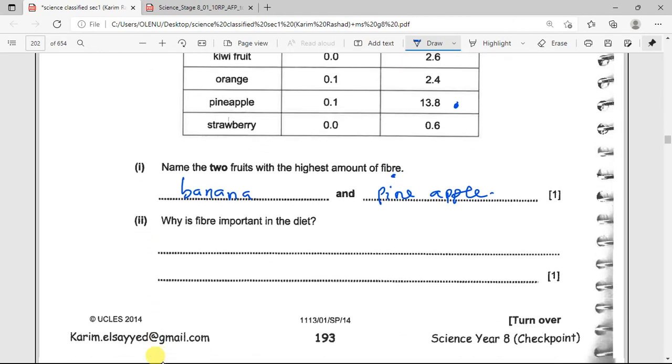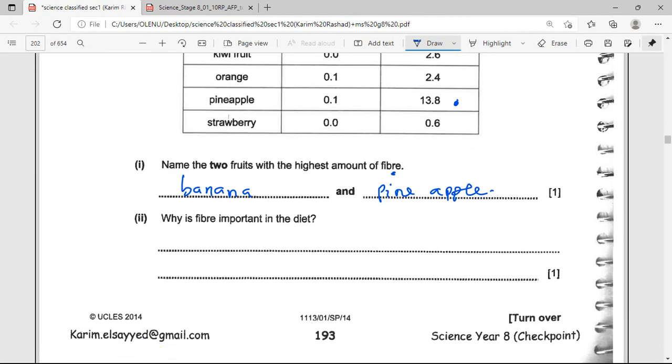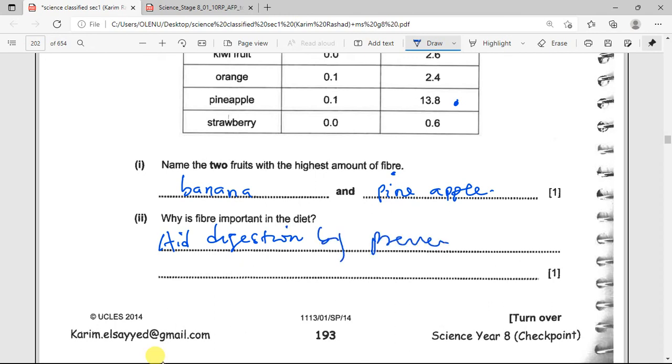Now, why is fiber important in our diet? Fiber helps to aid digestion, by preventing constipation.